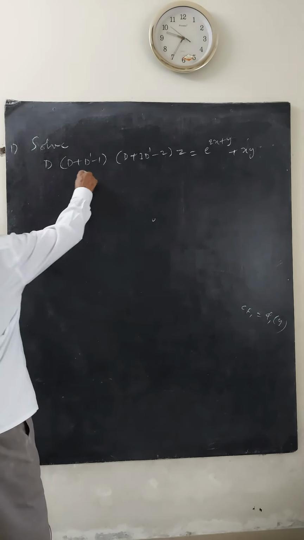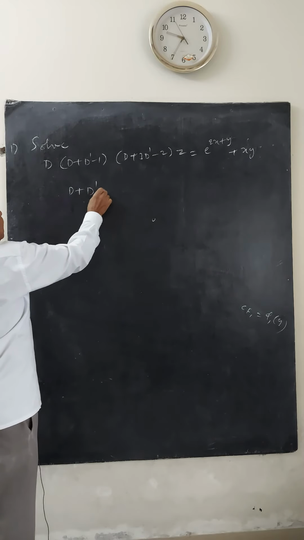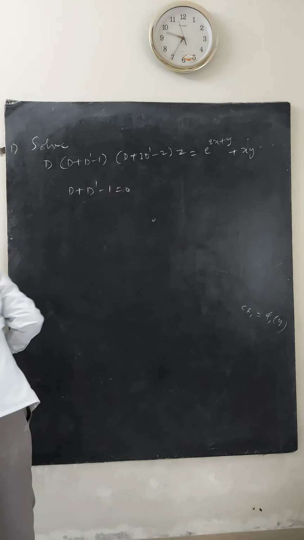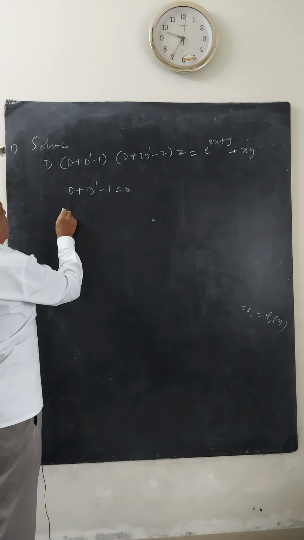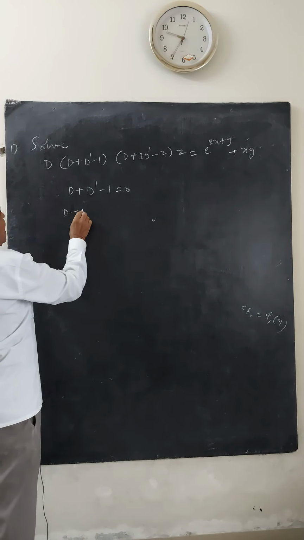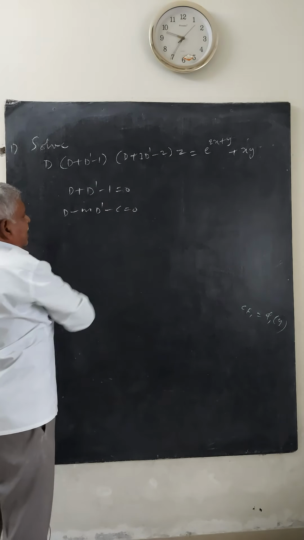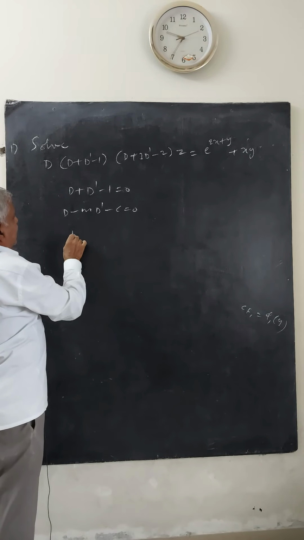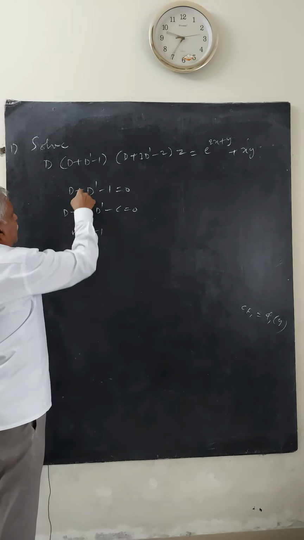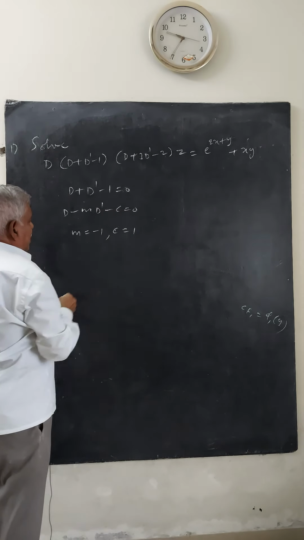Let us take the second factor, D + D' - 1 = 0. Compare this with D - mD' - c; this is the standard factor, standard result. What is m? Comparing, m = -1, c = 1.